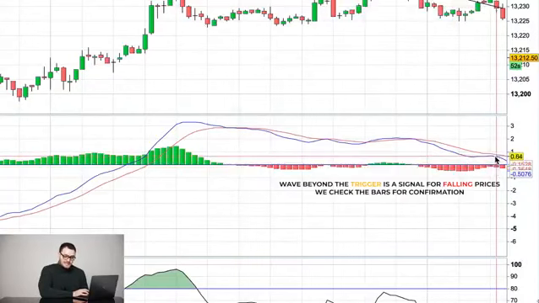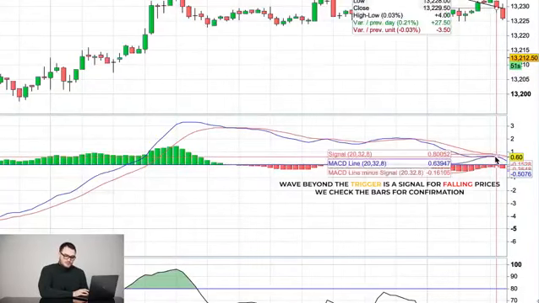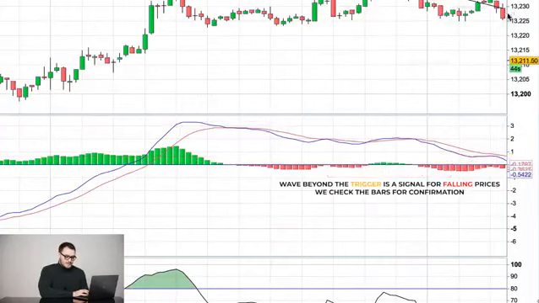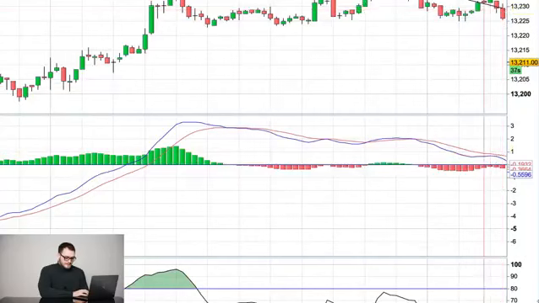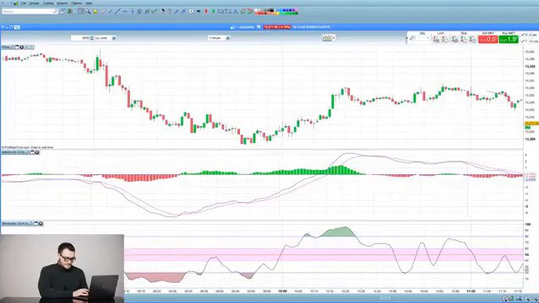So the MACD is moving away from the trigger, and it is creating a wave beyond the trigger. And in this way, our entry is going to be at the beginning of this candle right here. And let's see how it plays out.